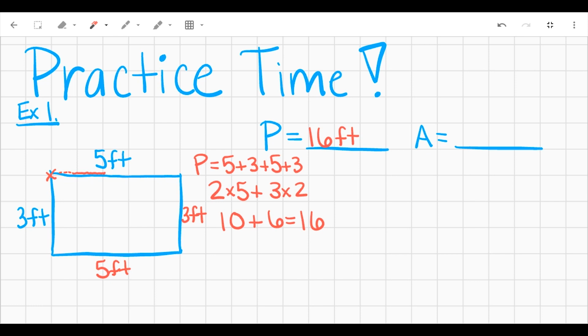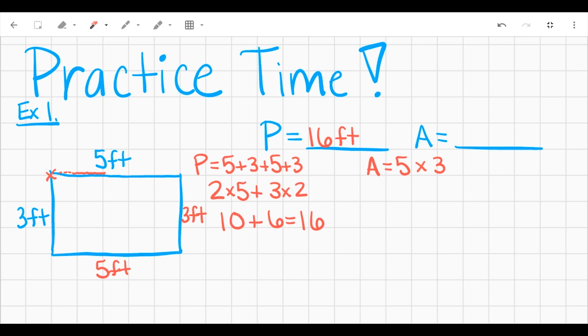Now, if we want to figure out the area, area is the length times width, or base times height. So we know that our length is 5 feet and our width is 3 feet. And it doesn't matter if you call the 3 feet the length or the 5 feet the length and vice versa.